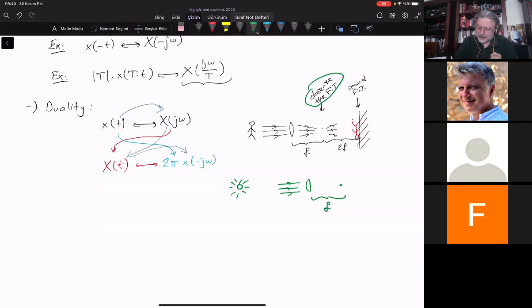So what does this point correspond to? That point is the Fourier transform of a constant. It's the Fourier transform of 1.